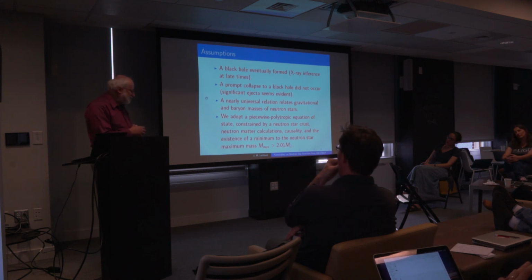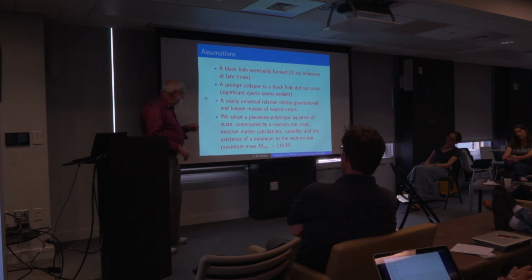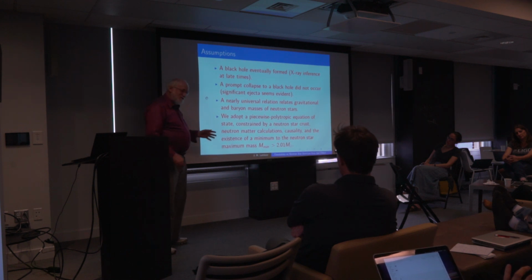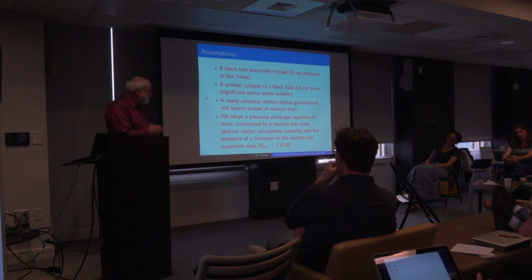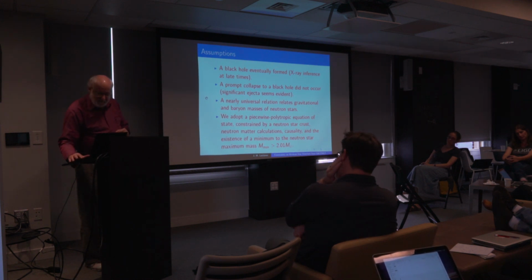To develop this universal relation, I've done a series of models in which we take a piecewise polytrope equation of state, which is constrained by it having a neutron star crust, and using the results from neutron matter calculations to take us between the crust and about 1.5 or 1.8 times the saturation density. Above that point, we're limited by causality and also by the fact that we have to produce at least the observed minimum maximum mass from pulsars of 2.01 solar masses.